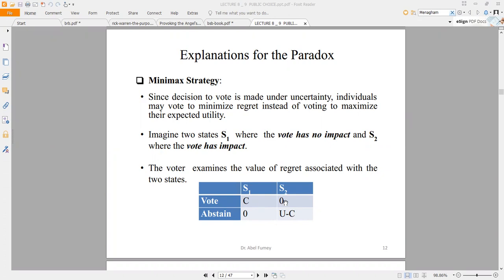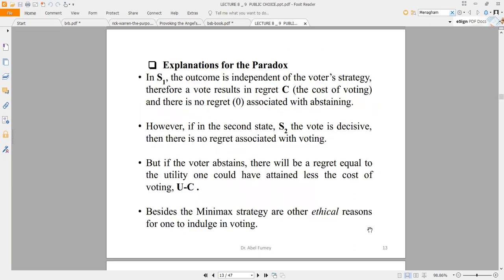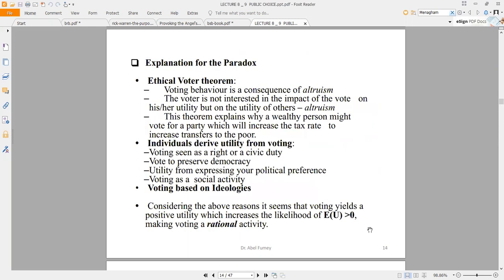So even though I know that I am going to get a negative expected utility, let me still vote, just to make sure that I don't incur this regret of U minus C. So this is one explanation of the paradox. There are other explanations as well. This is the explanation of the table. The other explanations are the ethical voter theory.